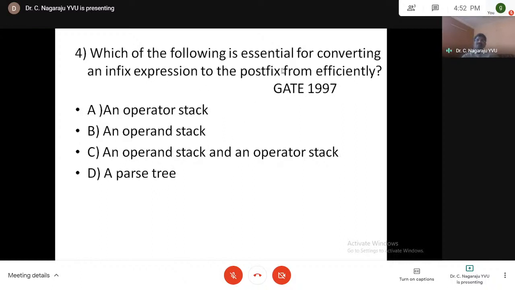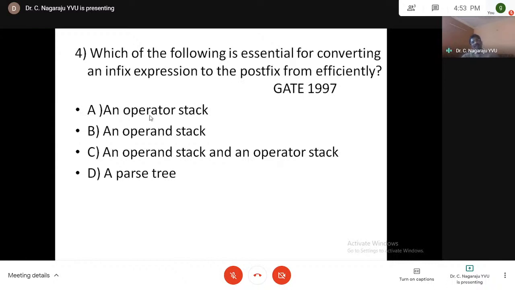Here it is infix to postfix conversion. Generally the operator stack is the answer, A. The operator stack can be used for converting an infix expression to a postfix expression, and the operand stack is used to convert an infix expression to prefix notation.